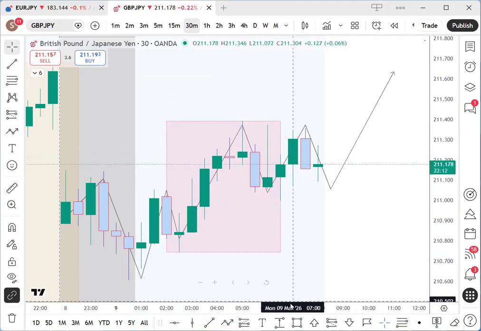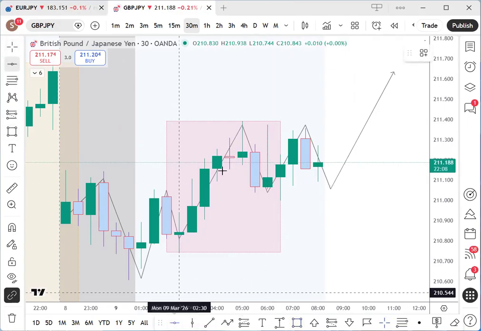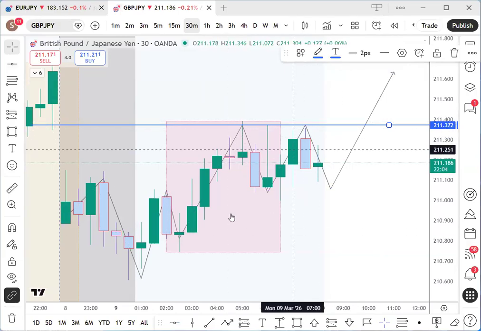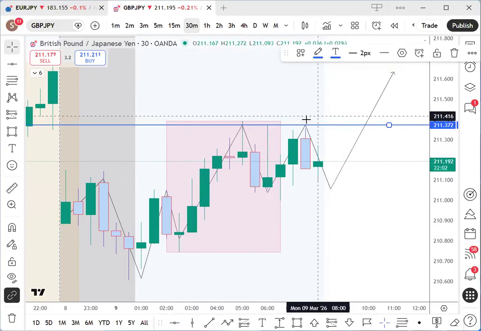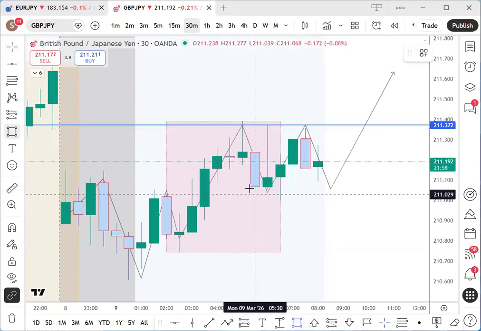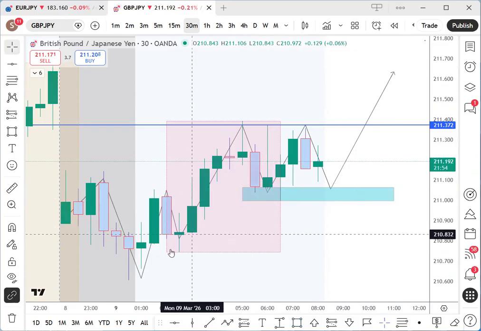Yeah. So when you look at the last high, this is the last high, and you look backwards, where did price start coming from? Well, you can say this is your zone. Yeah, that's your initial zone.